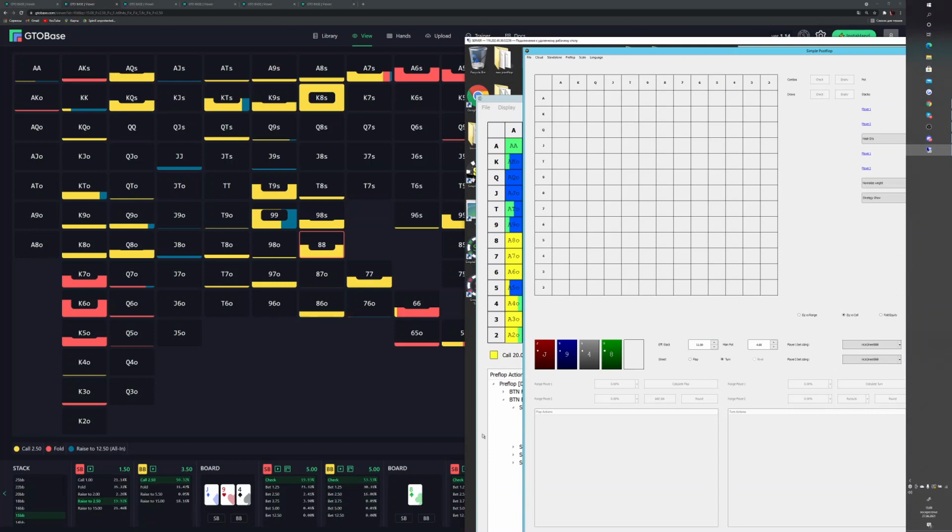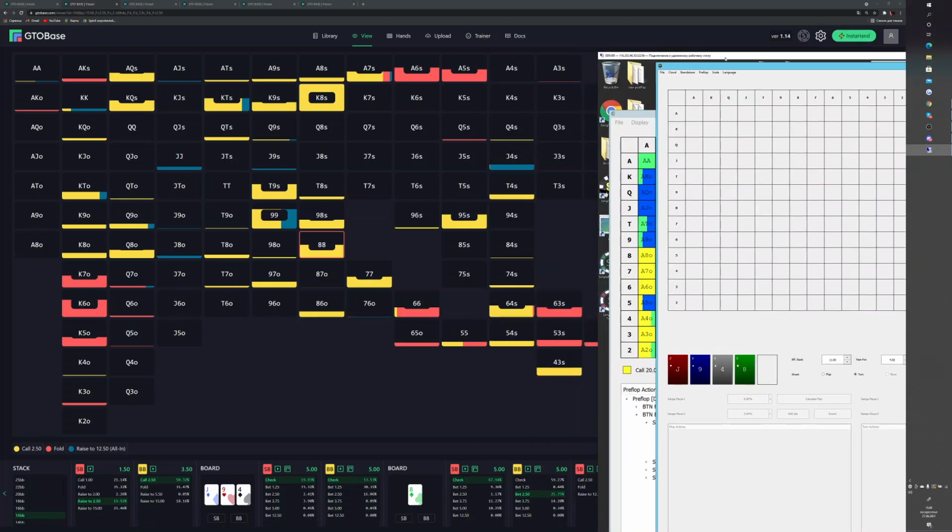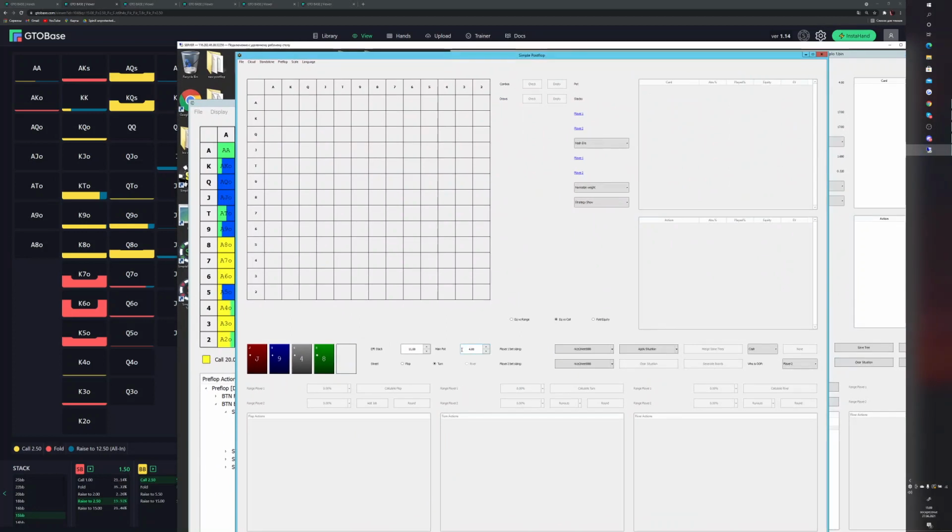Okay, here's our board, Jack 9 4 8 different suits, and now we have to input stacks and pot size.